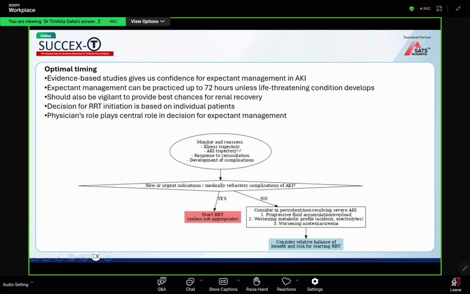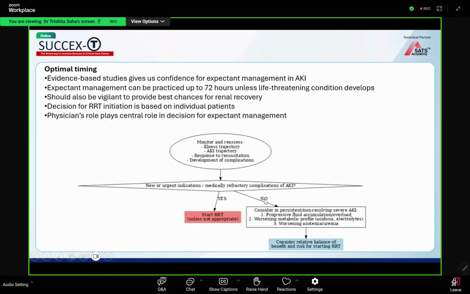You can make this flowchart. You have to monitor and reassess the illness trajectory, the AKI trajectory, response to resuscitation, and development of complications. If there is any new or urgent indication or medically refractory complication of AKI, if present, yes, then start RRT.